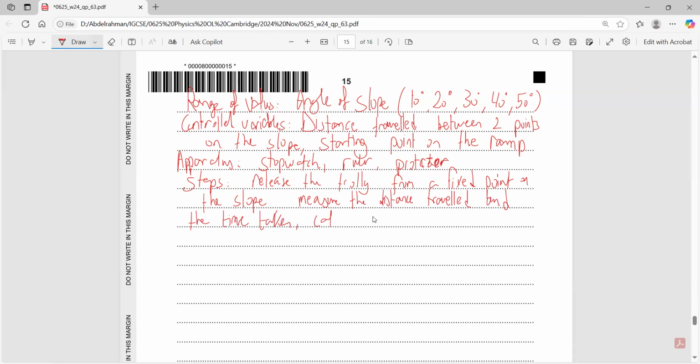Then calculate the speed using the equation speed equals distance over time. One possible source of inaccuracy would be that the time taken would be quite difficult to measure.